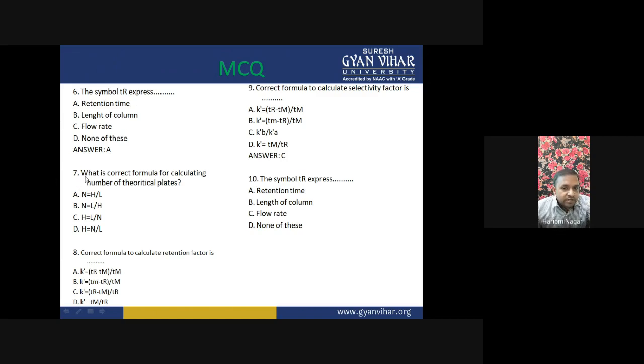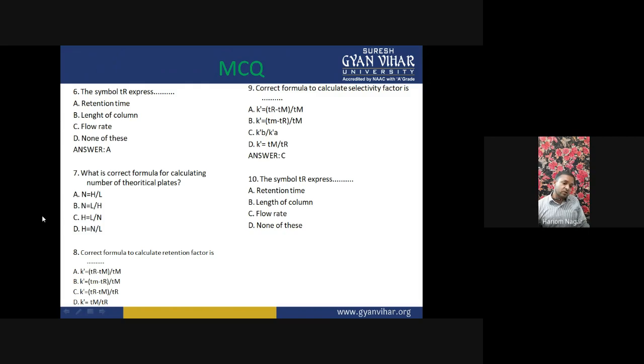Now question number 7: what is the correct formula for calculating the number of theoretical plates? The formula to calculate the number of theoretical plates is the length of the column divided by the height equivalent of the theoretical plate. So N represents the number of theoretical plates, h is the height of the theoretical plate, and L means the length of the column.